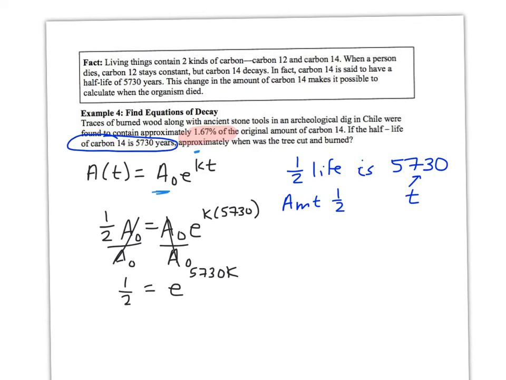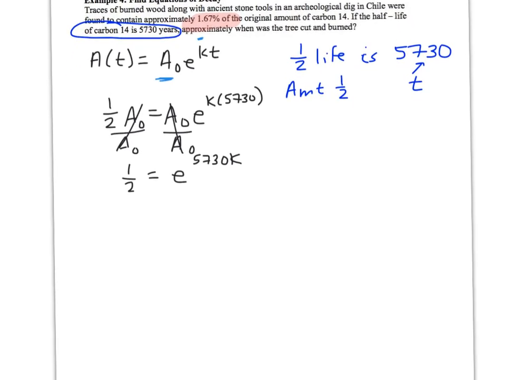So this is actually going to allow me to find k. Because now if I take the natural log, the natural log of 1/2 is equal to 5,730k. Divide out, and k is going to be the natural log of 1/2 divided by 5730. Put it in my calculator, I get k.